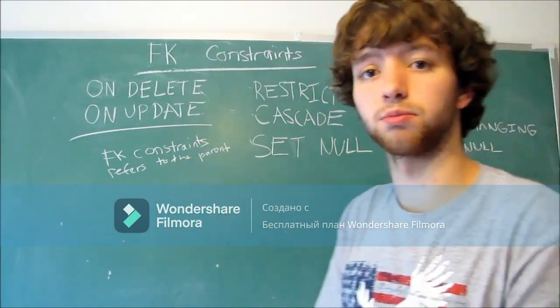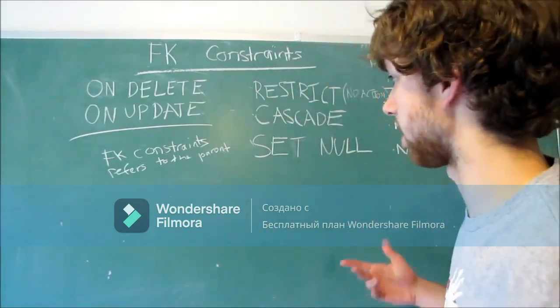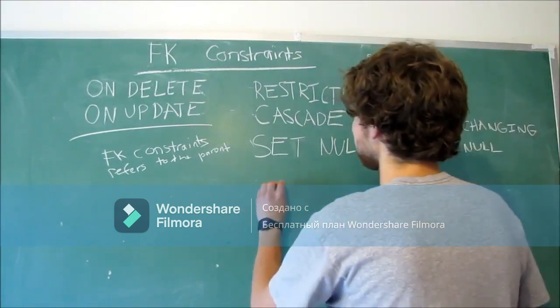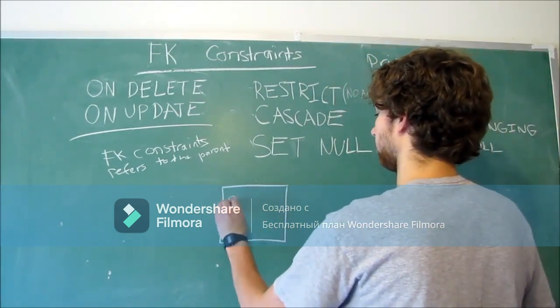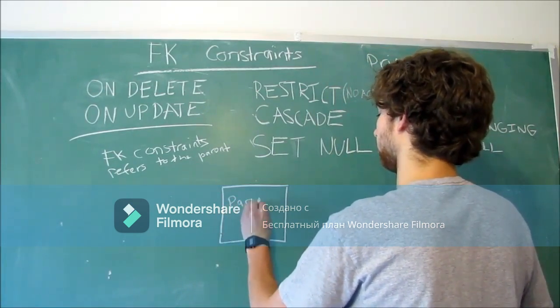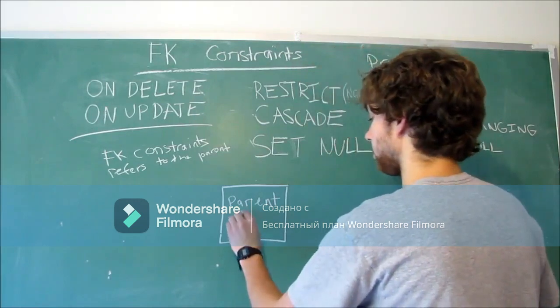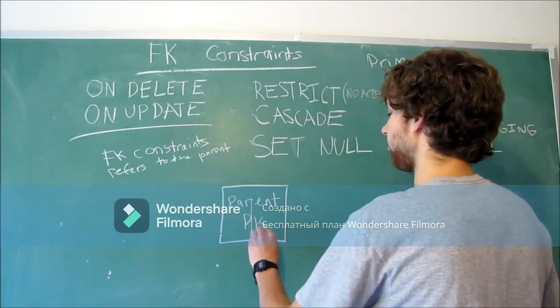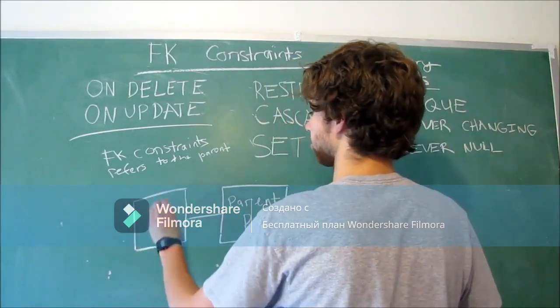Alright, so let's just draw some basic tables. I'm not going to give any specific examples yet; I'll just draw things out. So let's say we have a parent here. And as you learned in previous videos, the parent has the primary key. Then let's reference this primary key with a child.